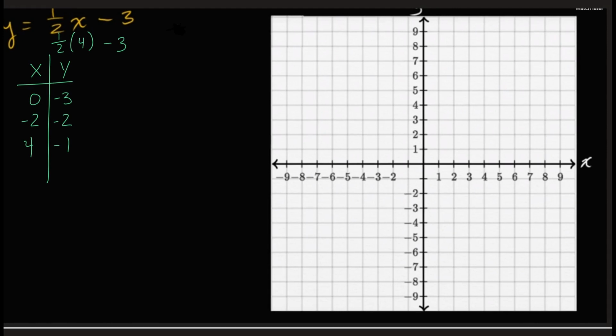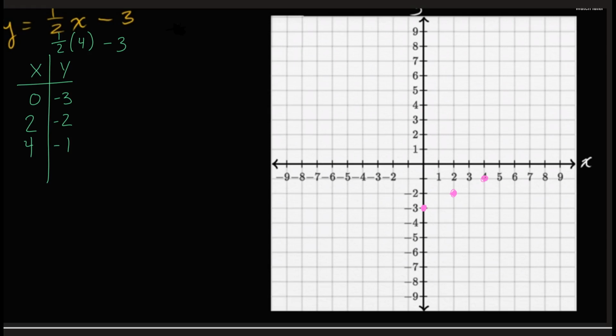So I have 0, -3. I have, why did I say negative? So sorry. We input a positive 2 there. So 2, -2. And 4, -1.